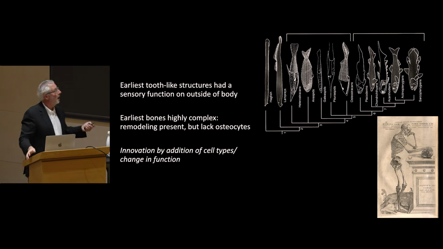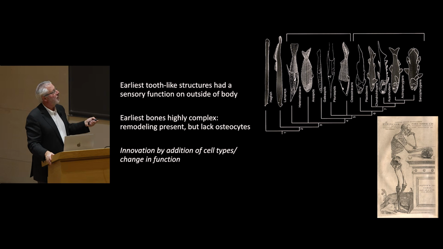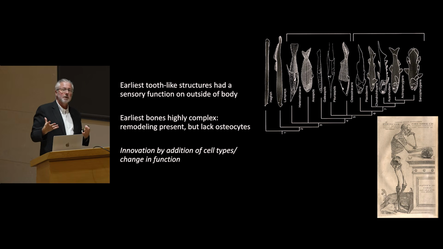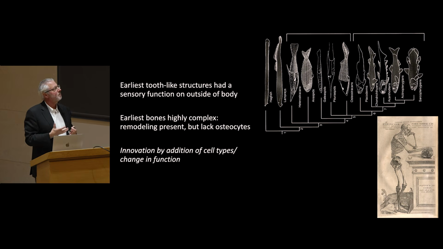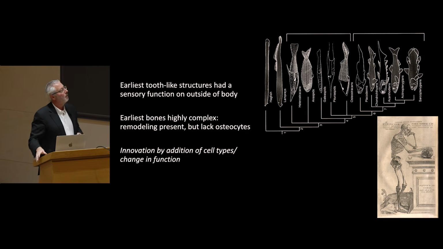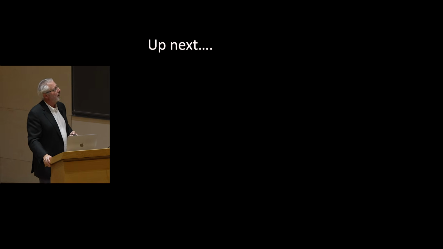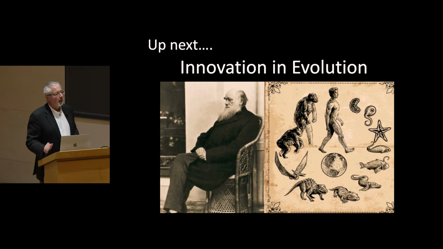These tools of adding cell types and changing function are ways that evolution has acted over billions of years, and in the case of vertebrates, hundreds of millions of years, to evolve new organs and new structures and new ways of living. And that tees us up for the next lecture, next Friday, where we're going to look at innovation in evolution.